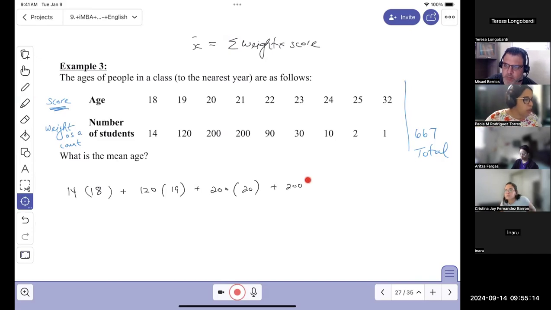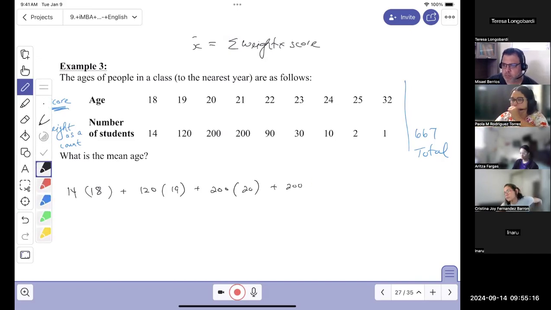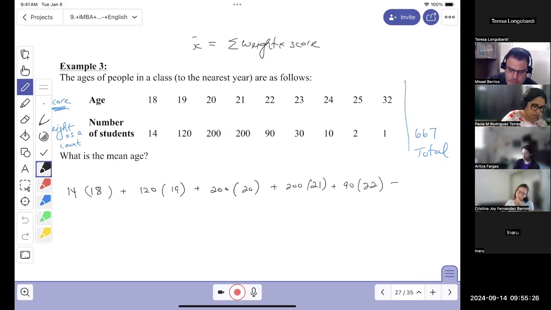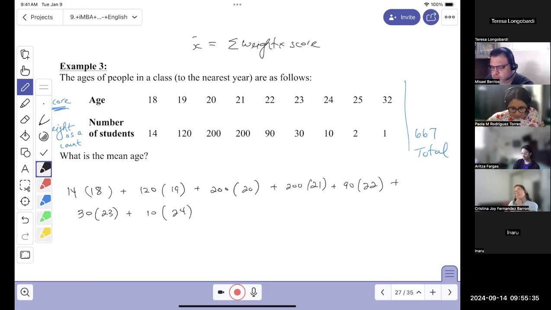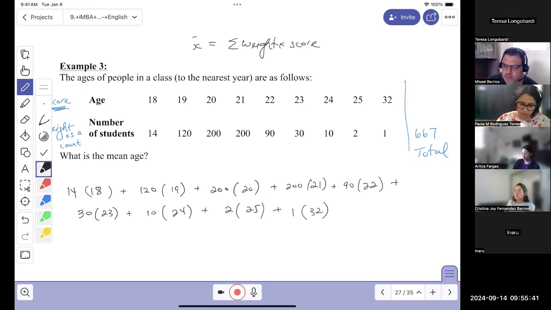So 200 times, no, I can't do it like that, times 21. And then 90 times 22 and it just keeps going. 30 times 23 plus 10 times 24 plus 2 times 25 plus 1 times 32.